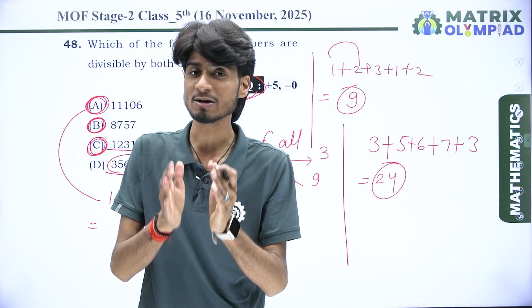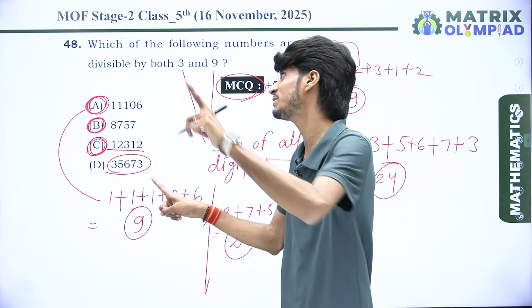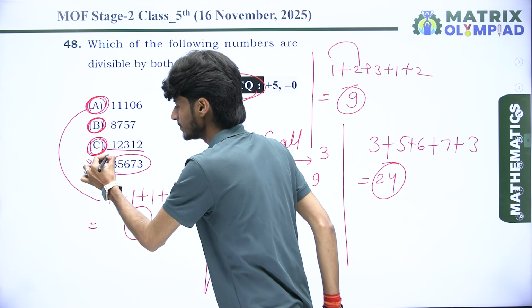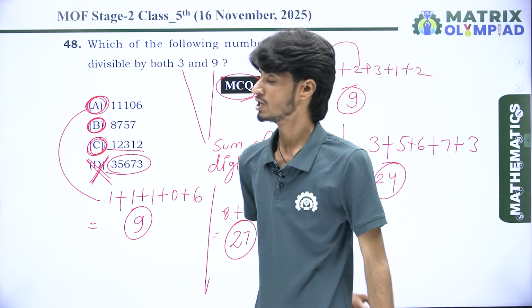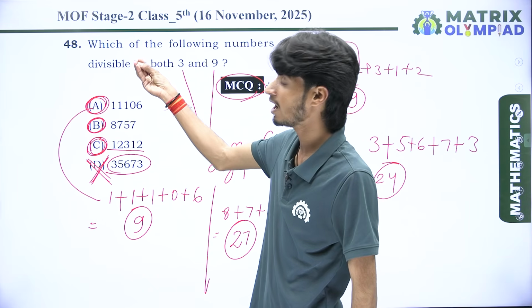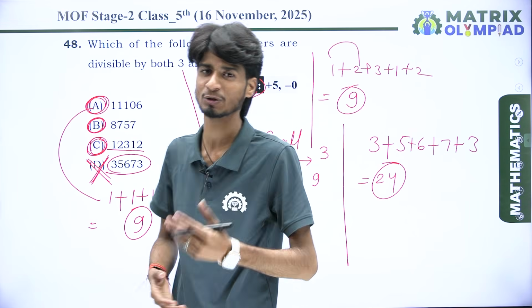Yes or no? That means the number is divisible by 3, it is correct, but not divisible by 9. Then we can't say it is properly divisible by both. Okay. So that means options A, B, C are correct for question number 48. And option D is incorrect for question number 48.